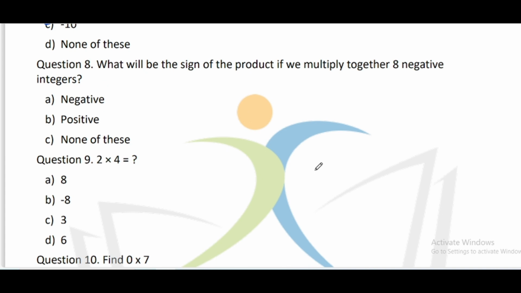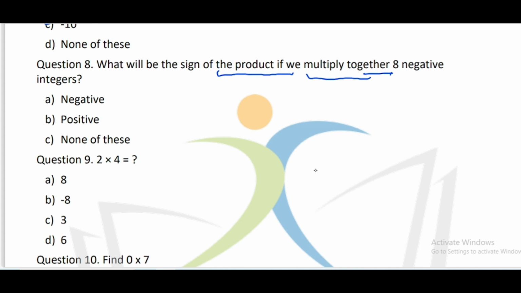Let's see question number 8. What will be the sign of the product if we multiply together 8 negative integers?